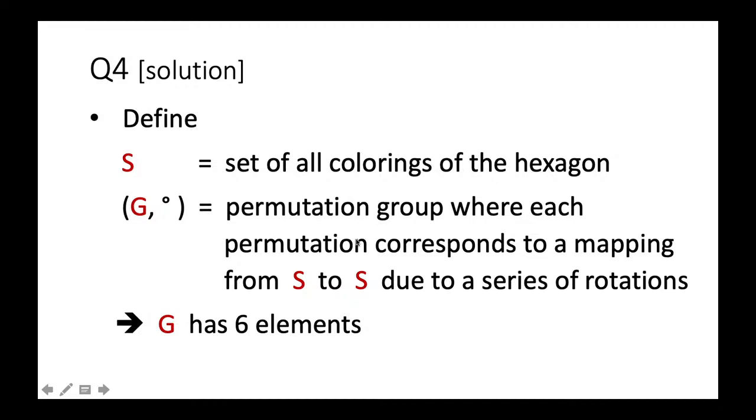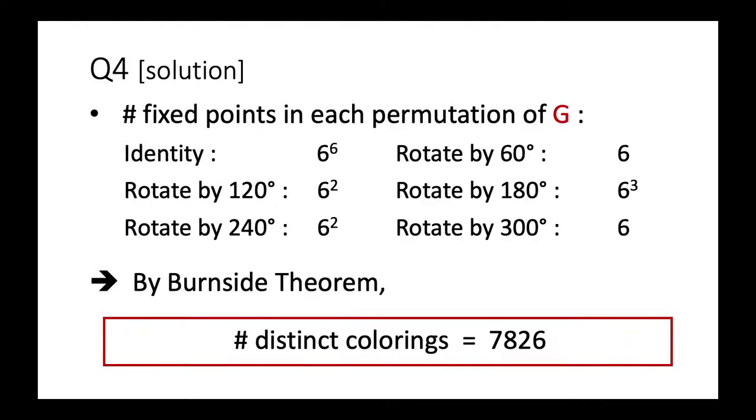This permutation group will contain many permutations, and each permutation corresponds to a mapping of S to S due to a series of rotations. Now this G will have exactly 6 elements corresponding to the 6 different types of rotation that we can have. So Burnside tries to find out how many fixed points there are in each case.